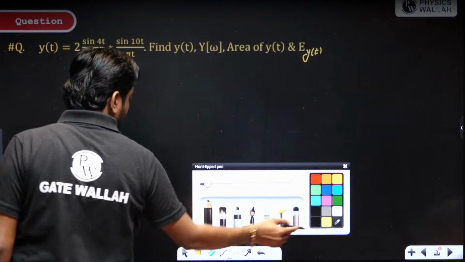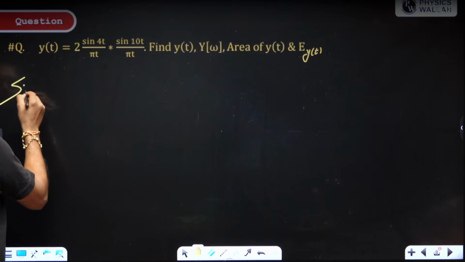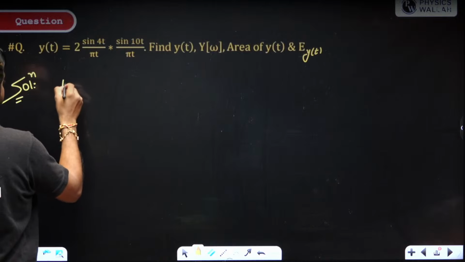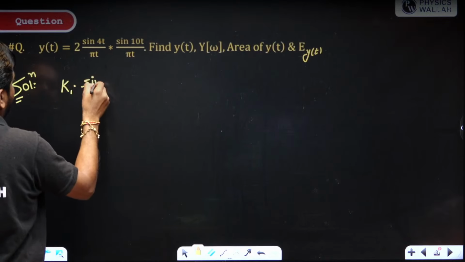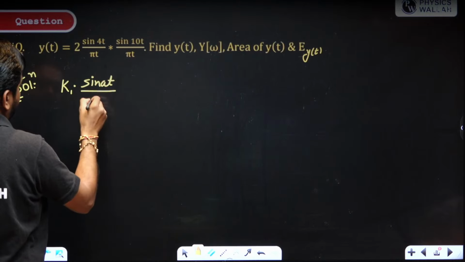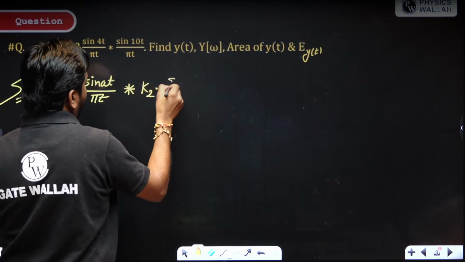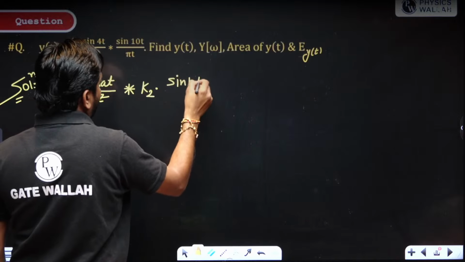So see the solution here. We know that k1 into sin at by pi t convolved with k2 into sin bt upon pi t.